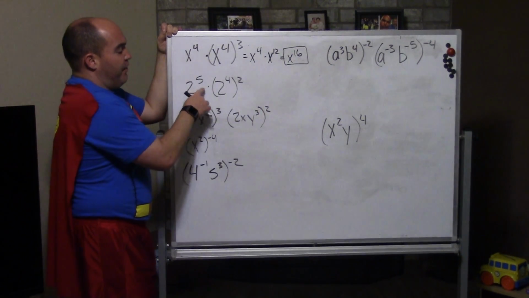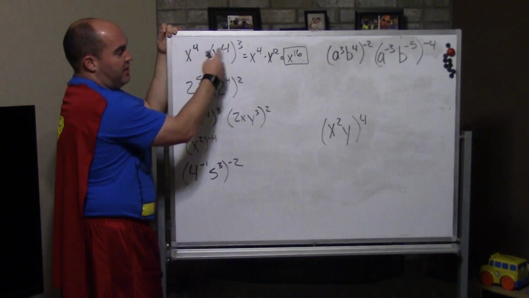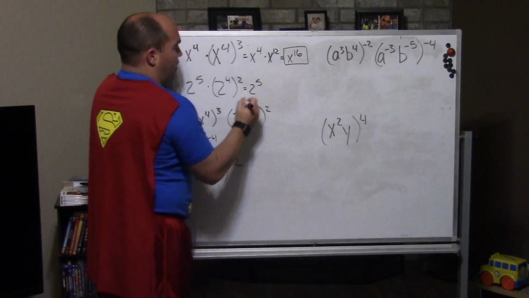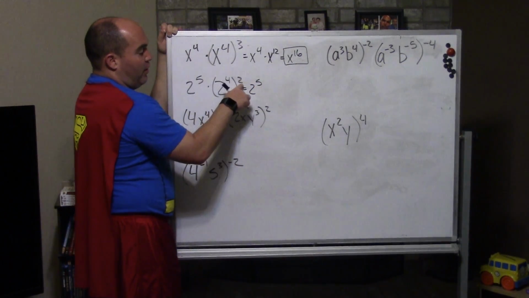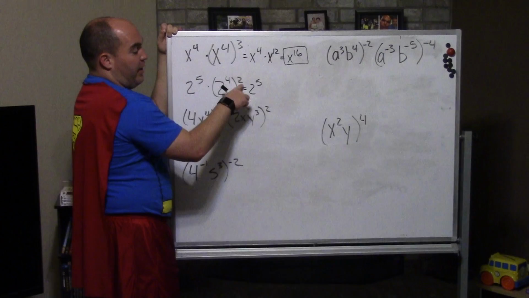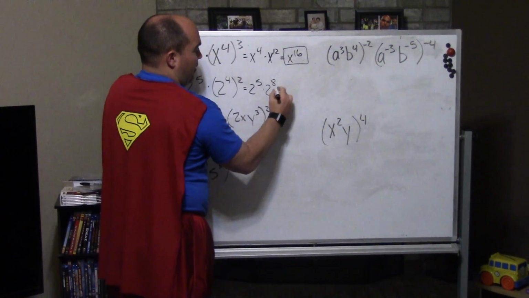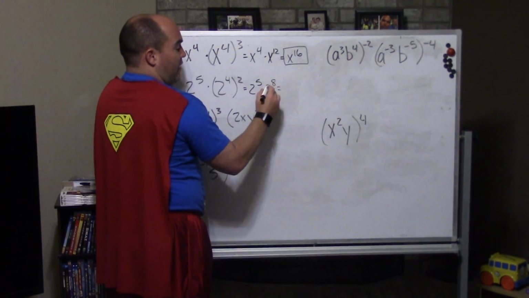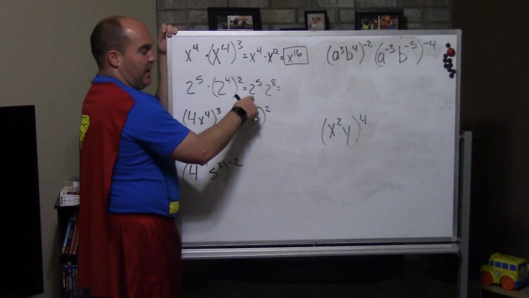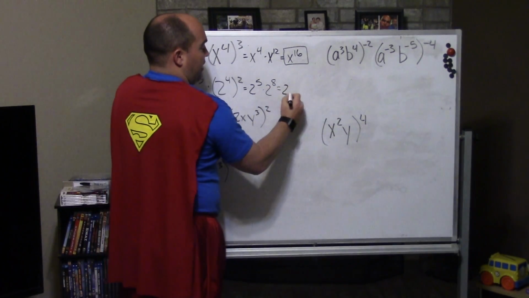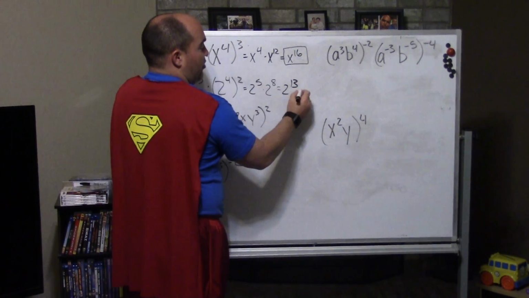Alright, same thing would happen here. 2 to the 5th times 2 to the 4th squared, it's the same exact thing. So I would get 2 to the 5th, 2 to the 4th squared, so 4 times 2 is 8, making that 2 to the 8th. And then not 5 times 8, but I have 2 to the 5th times 2 to the 8th, so I would add, just like I did up there, and I would get 2 to the 13th.